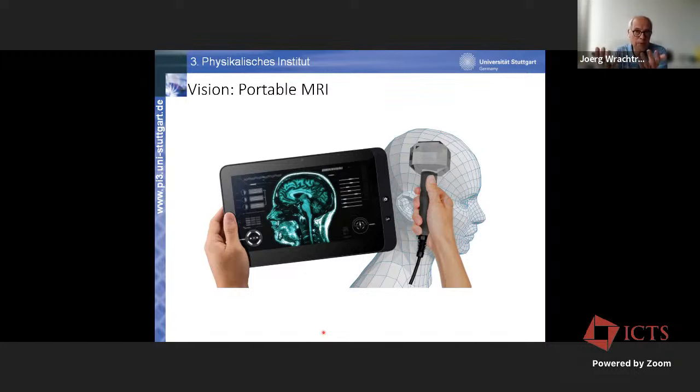Brain magnetic fields generated by neural activity are on the order of femtotesla or so, and MRI is distinct from that because the signal is coming from nuclear spins, right? And typically that signal is not a DC signal, but it's coming at a certain frequency, as I was explaining, which is a Larmor frequency.